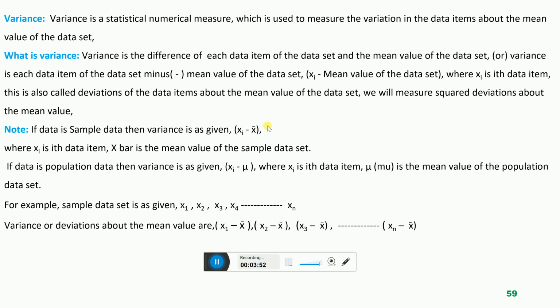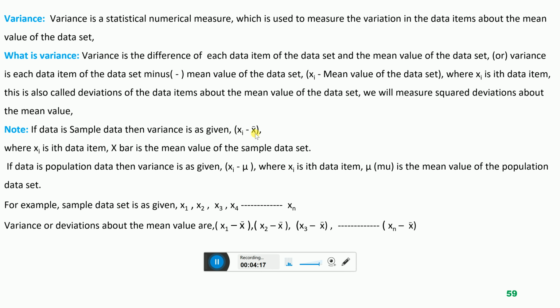Dear students, I am again repeating that we define variance as the difference between each data item of the data set and the mean value of the data set. This is very clear from the mathematical notation xi minus x bar. Xi represents each data item of the data set and x bar represents the mean value.